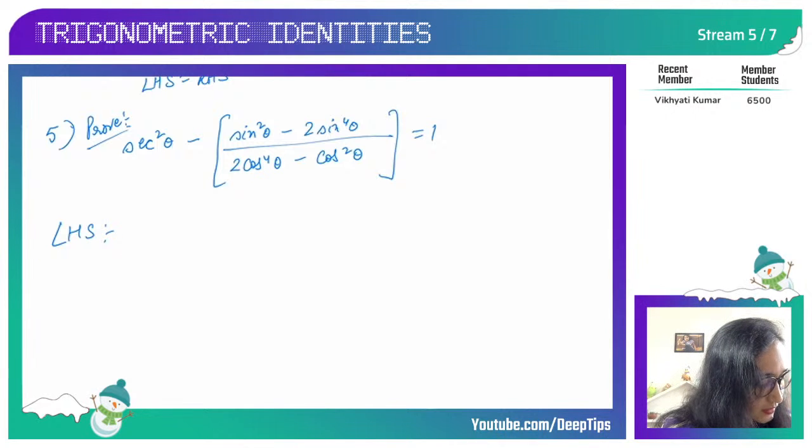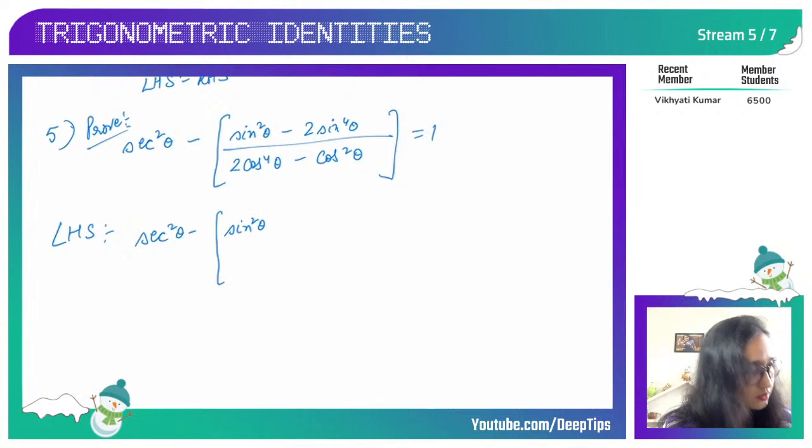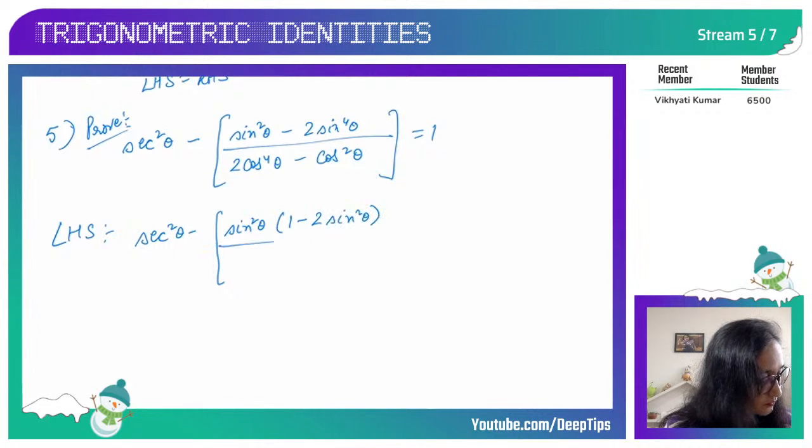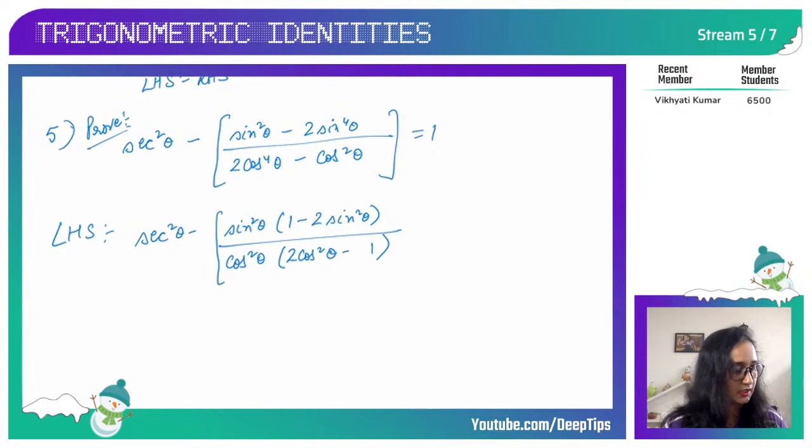Let's write it as secant square theta minus, here I can take sine square theta common, so that in the brackets I am left with 1 minus 2 sine square theta. In the denominator I can take cos square theta common, so that in the brackets I am left with 2 cos square theta minus 1.